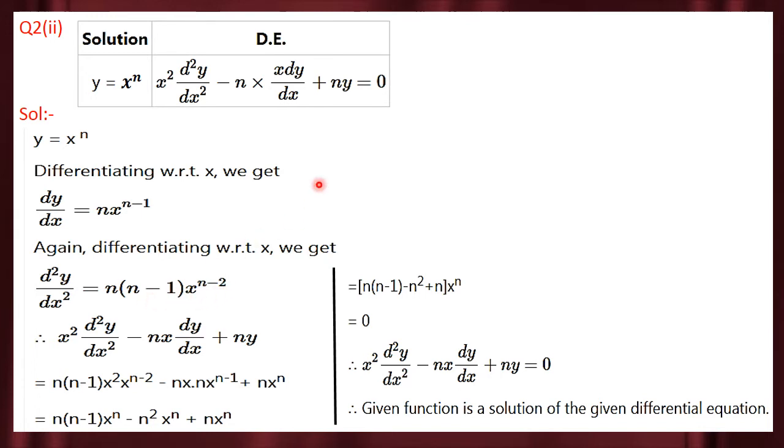Now we will consider the LHS of the given differential equation, that is x square into d square y by dx square minus nx into dy by dx plus n into y.